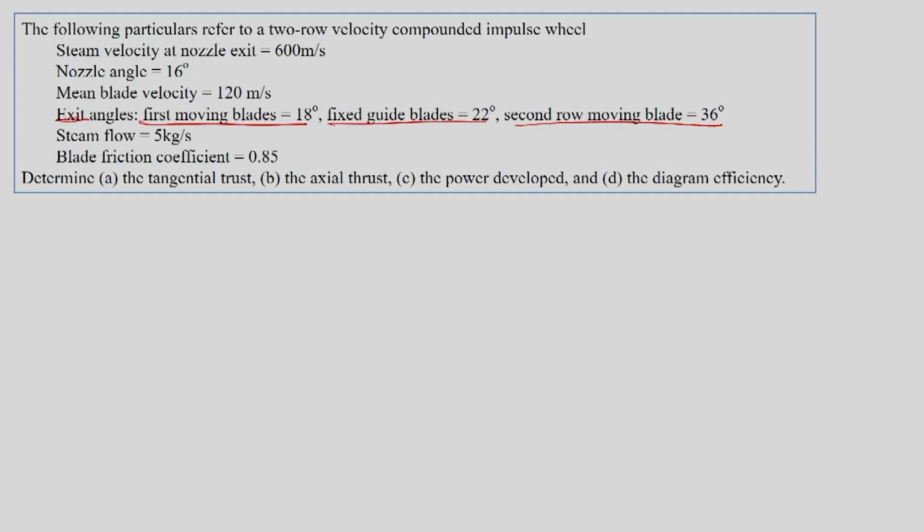Blade friction factor is 0.85. Here we have to remember that we are working with two stage velocity compounded, so the fixed blades are acting as nozzle. So, this 0.85 should also act for the fixed blades. What is happening in case of moving blades? We have relative velocity which will be felt by the moving blades at the inlet.